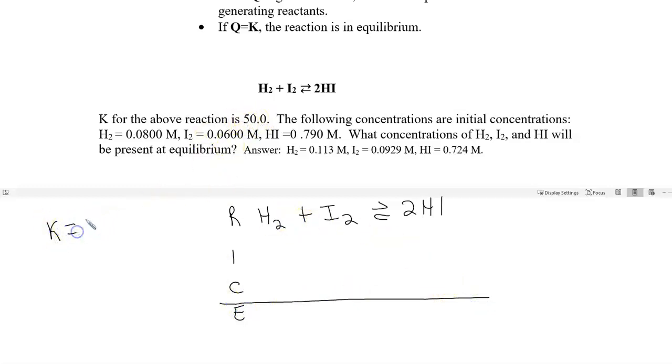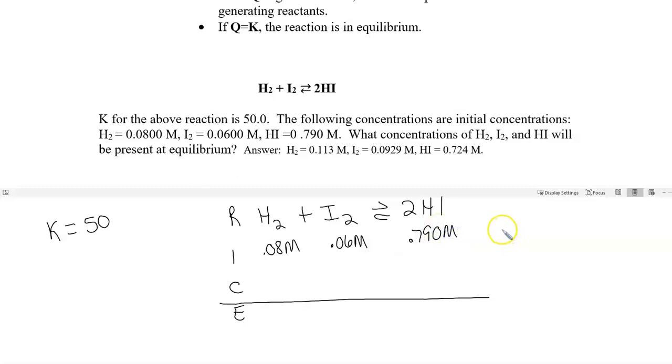That's important. I'm going to put it over the side. So that means I'm going to have some X's in my table. I do know that. And it says the following are initial concentrations: we have 0.08 molar here, we have 0.06 molar here, and we have 0.79 molar here.